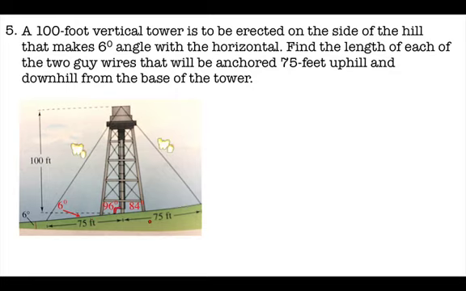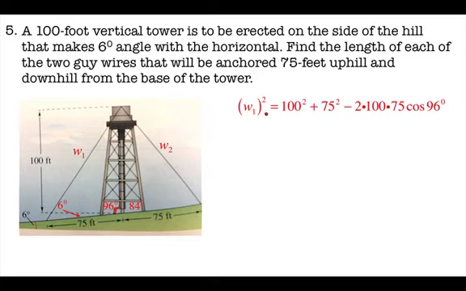Now this is what we're looking for. Wire 1, wire 2. So let's find wire 1. Notice that this is 75, this is given, this is 100. We know this angle. So then I plug this into the formula for the law of cosines. I simplify this. I get the following. I don't want W1 squared, I want just W1.